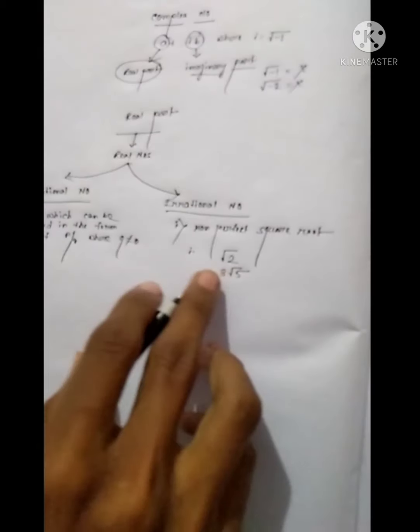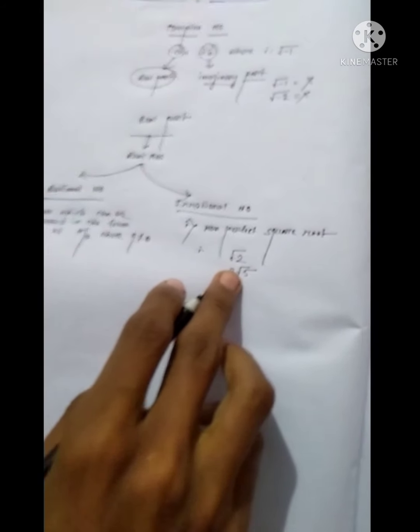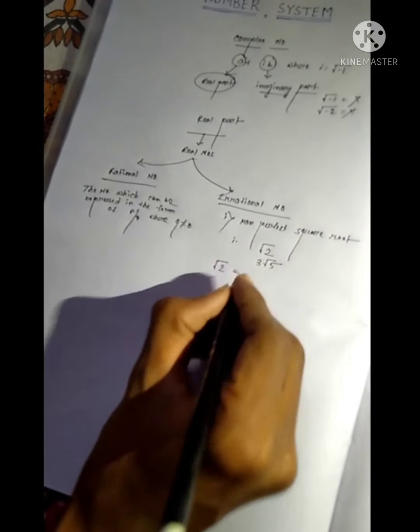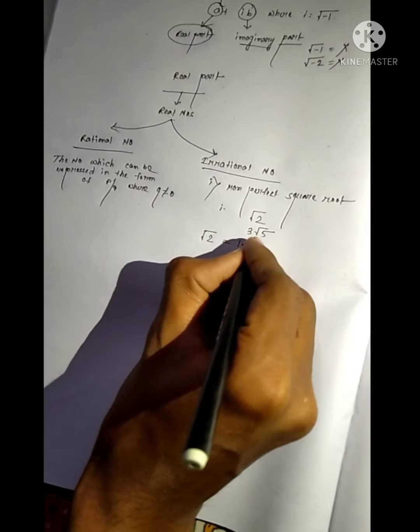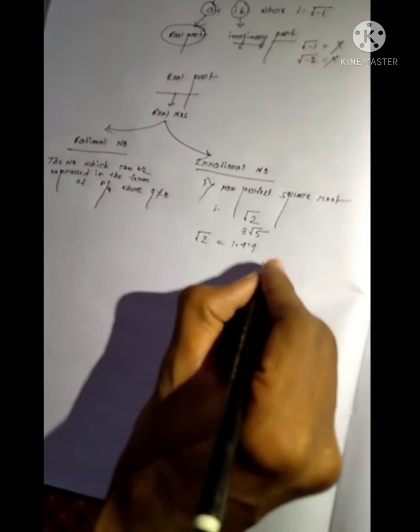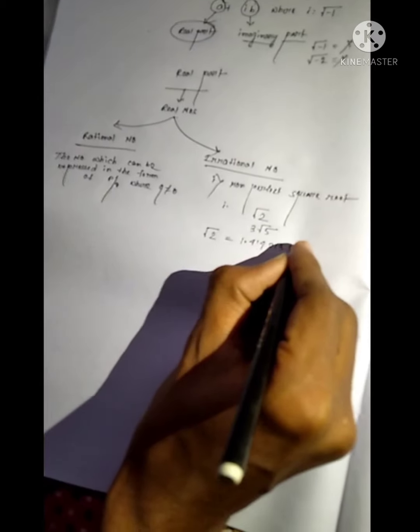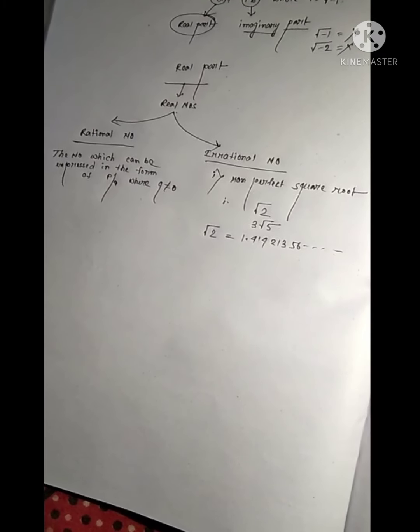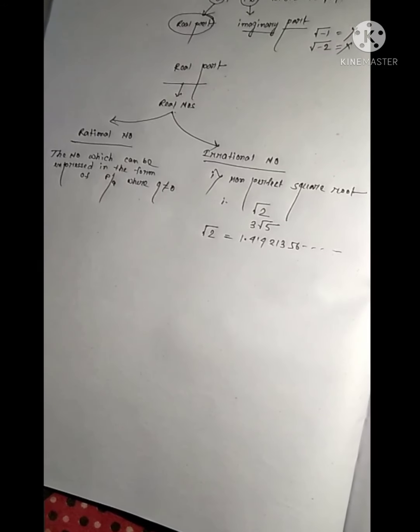You can see root 2 is a number which does not have a perfect value. If you try to calculate the value of root 2, it will be like 1.4142135 and it will continue. So that means it has no perfect value. That's why it's called irrational number.